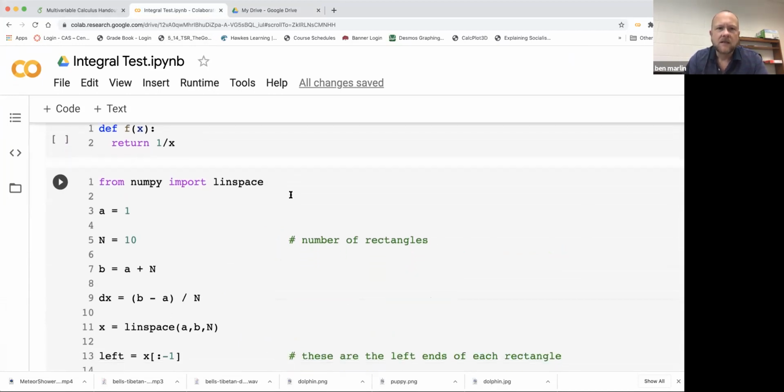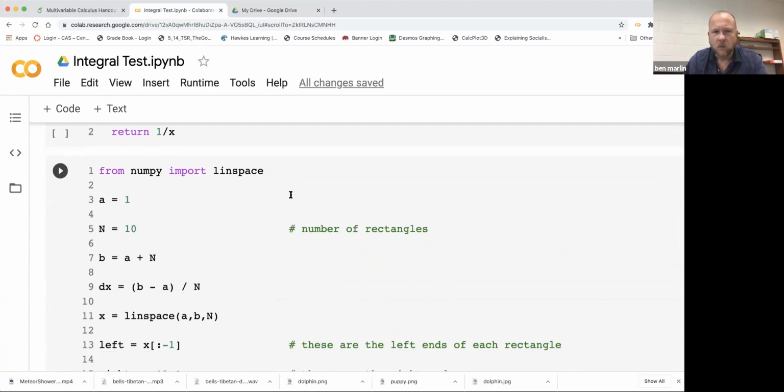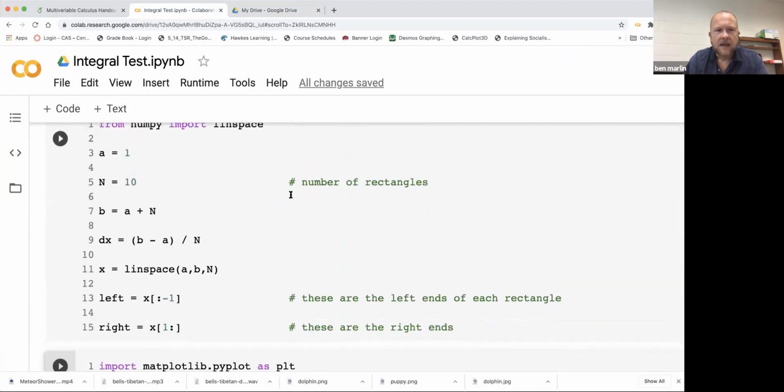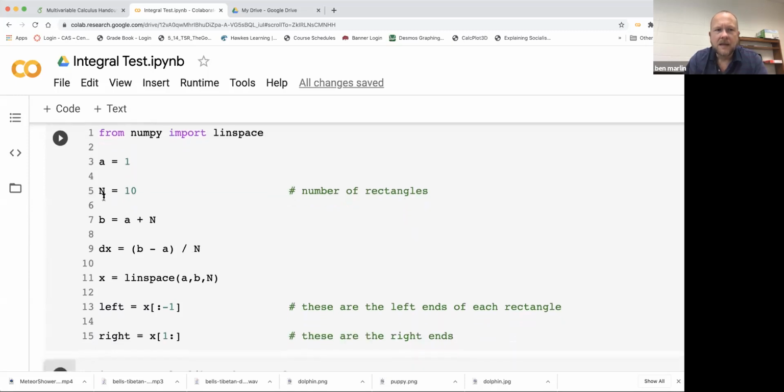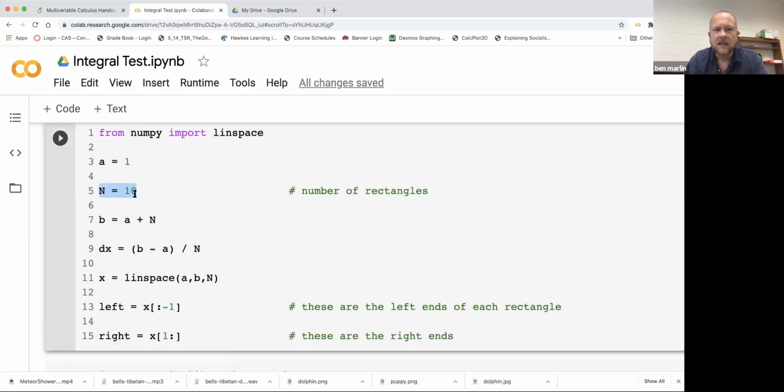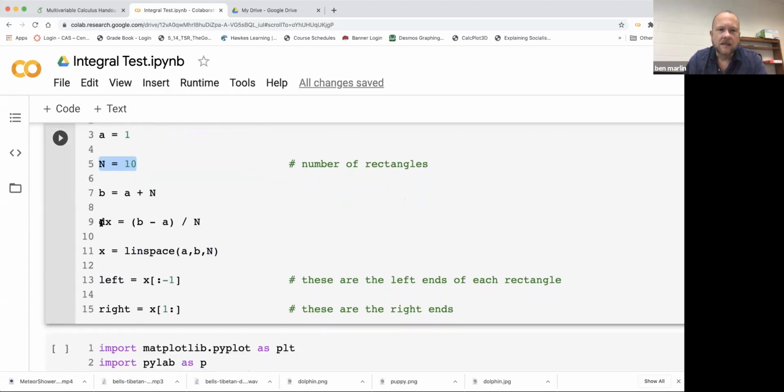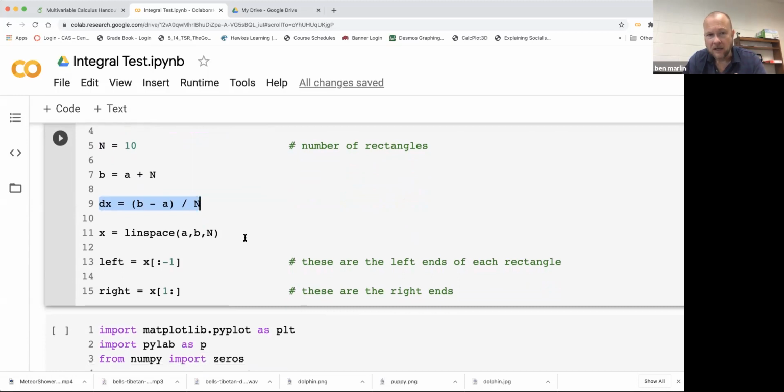So I've defined a function which is just 1 over x. And I did some tricky little bits here. The main things that you'll need to notice is that I've got a value set up for n, and that I had these dx's, the length of my interval divided by n. Of course, with the way I've got it set up, those are always going to end up being 1.